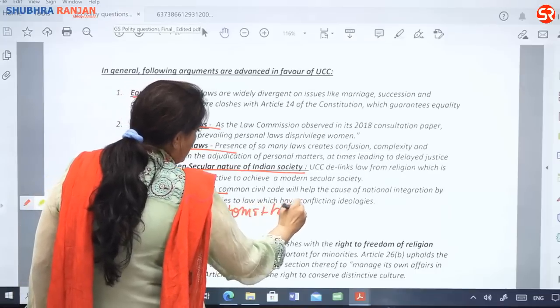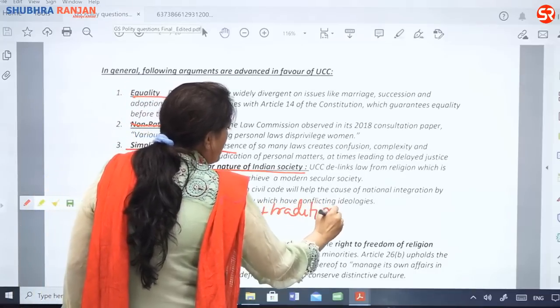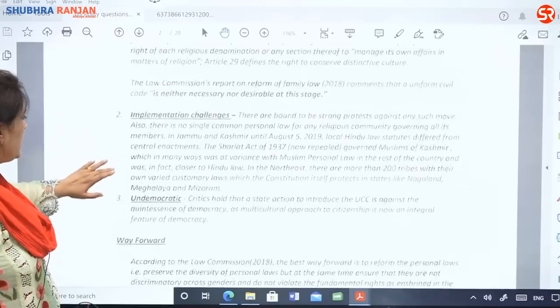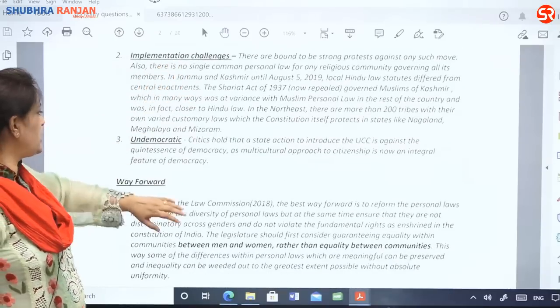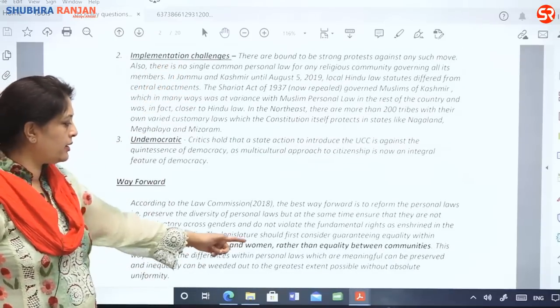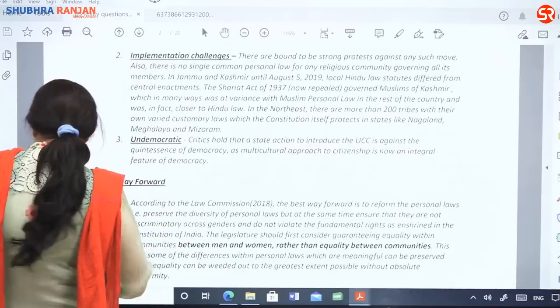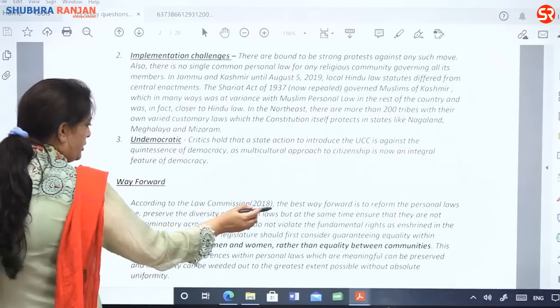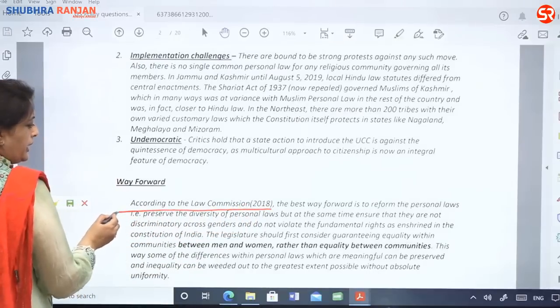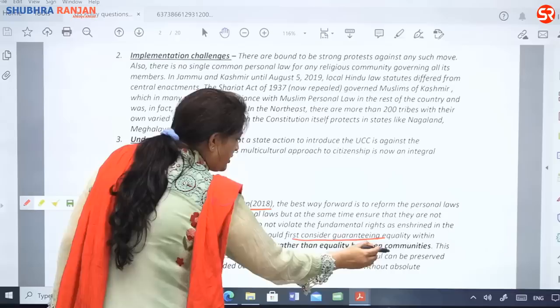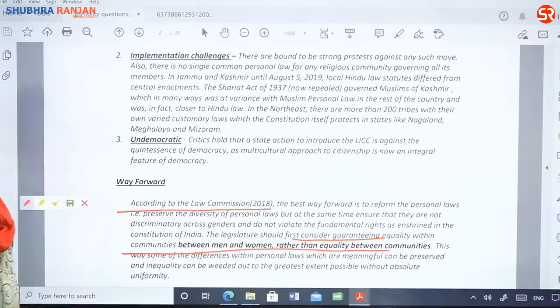To make a keynote out of this answer. Fine. Then homogenizing effect, implementation challenges, undemocratic and way forward. Like this you can do it. Law Commission 2018. Keyword: first try to bring equality between the communities.